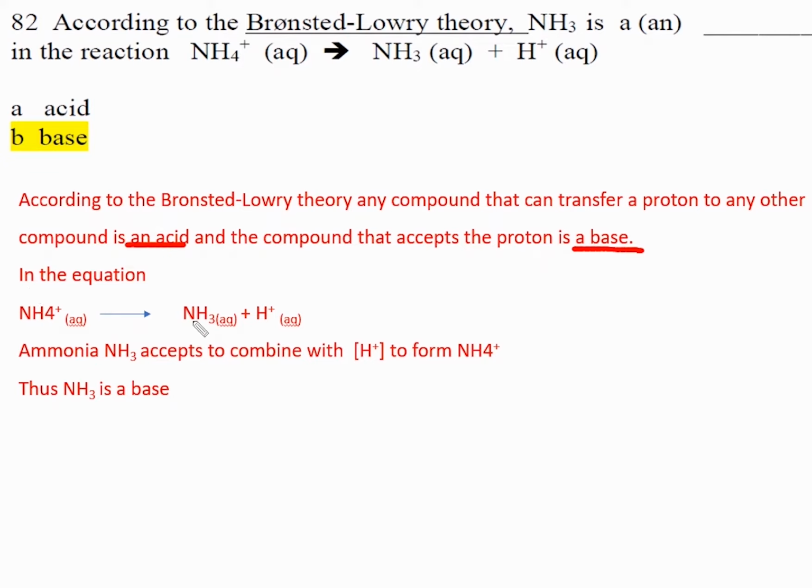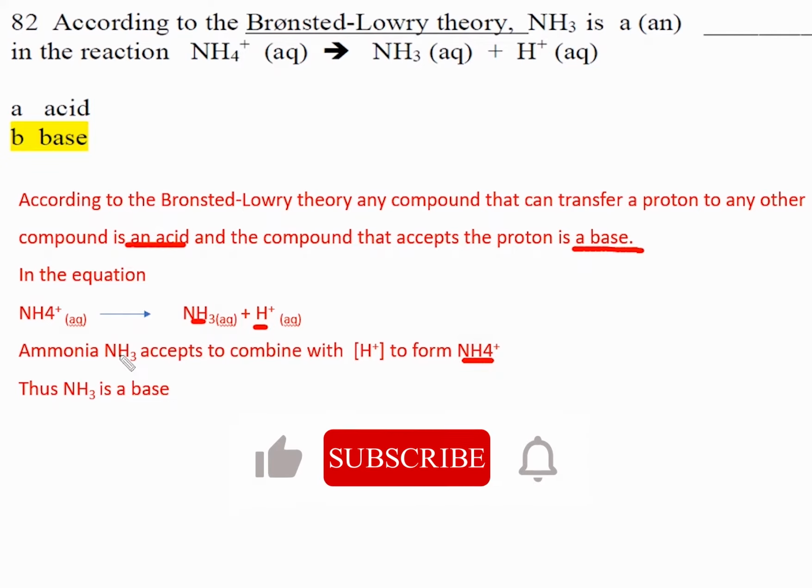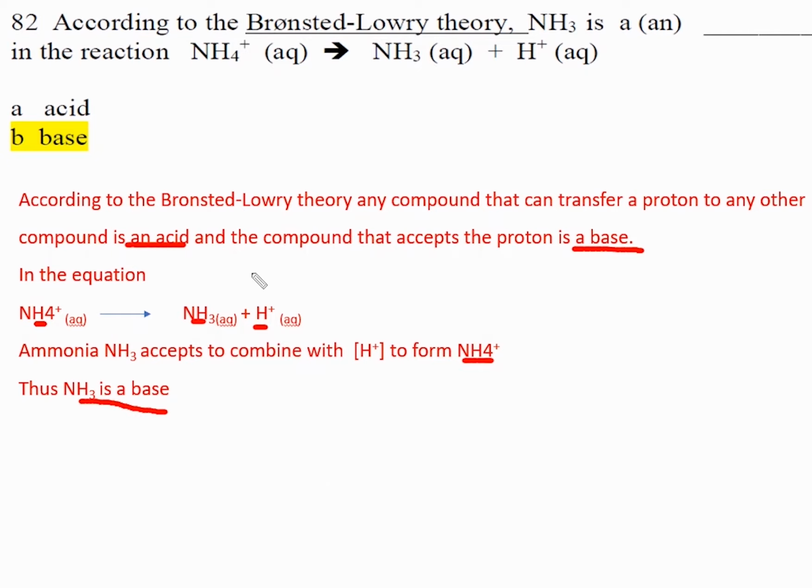In the question now, you can see ammonia accepts to combine with the hydrogen ion to form ammonium ion, which is here. Thus, we could say ammonia is a base because it's a compound that accepts the proton. So ammonia accepted the hydrogen.